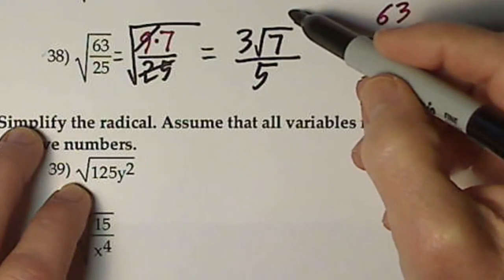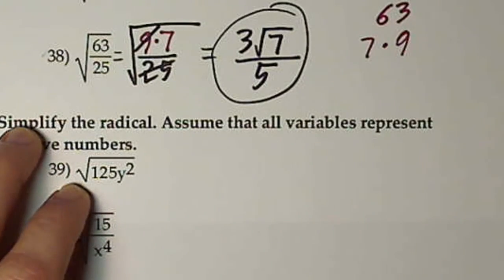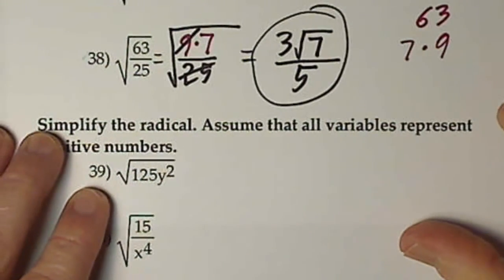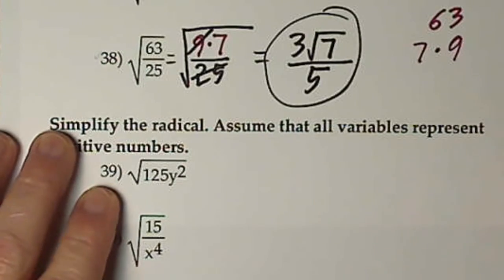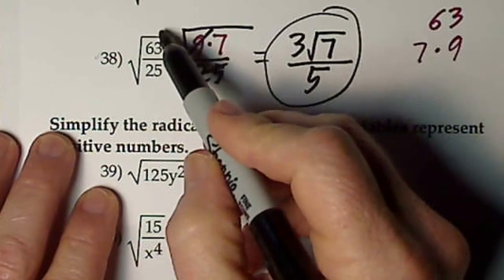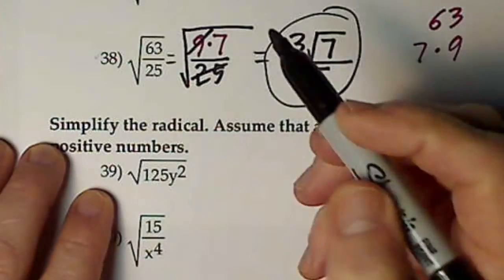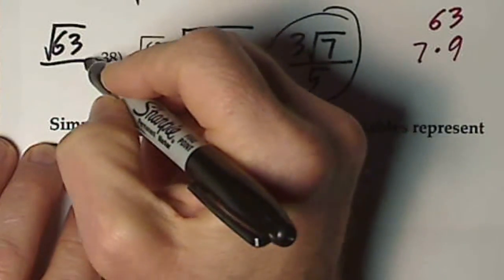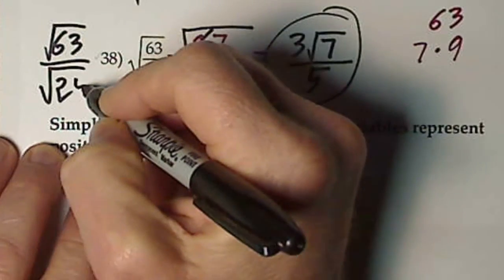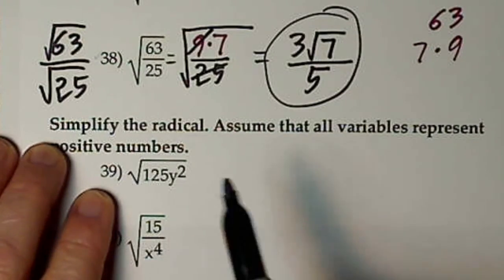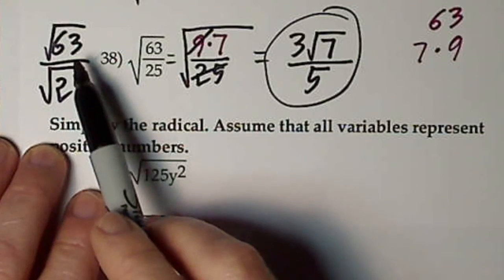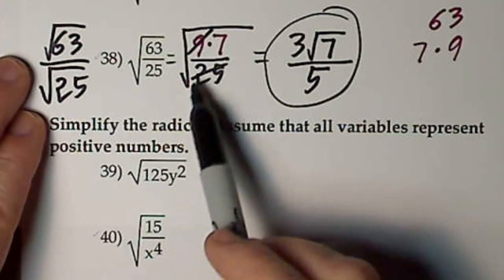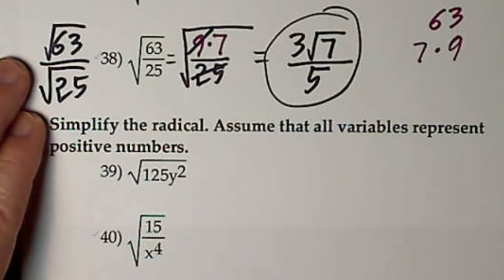All right, so the solution would look like this. Some textbooks will go through the trouble of rewriting this entire expression as the square root of 63 over the square root of 25. And if it helps you to see more clearly what you're dealing with in that fashion, then that's fine. I just choose to keep it under one radical sign.